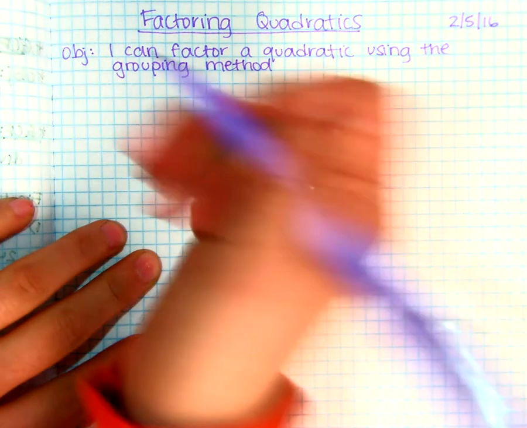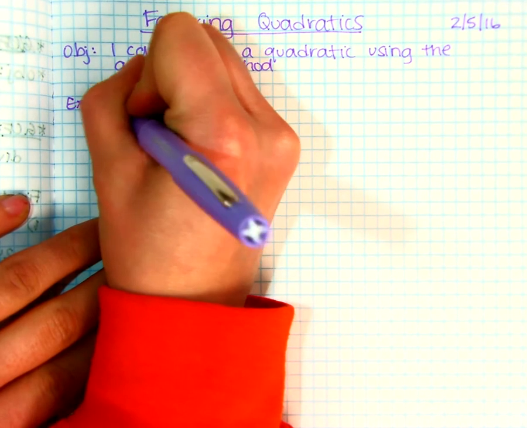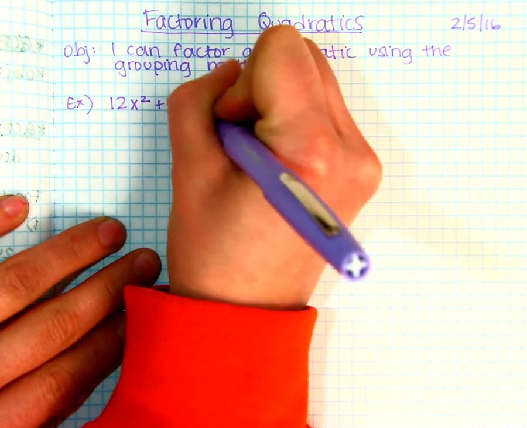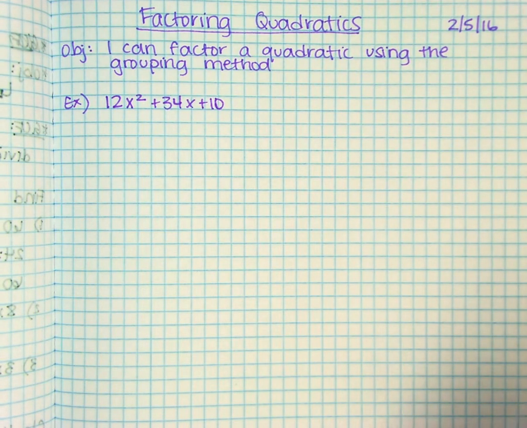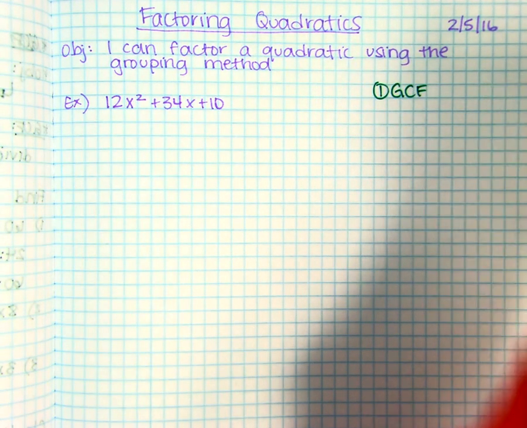Alright, so example number 1. Let's say we have 12x squared plus 34x plus 10. Our first step that we want to make sure we do is to factor out a GCF. That's why we did that the other day. So first thing is to look for a GCF.